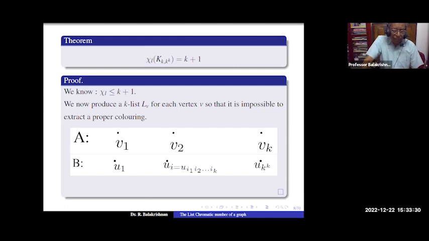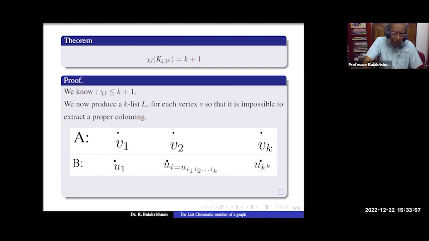Okay. So what is the bipartite graph I am considering? One part has k vertices, the other part has k to the power k vertices. The first part I call A, and the vertices are V1, V2, up to Vk. The second part is B, and the vertices are U1 up to U k to the power k.